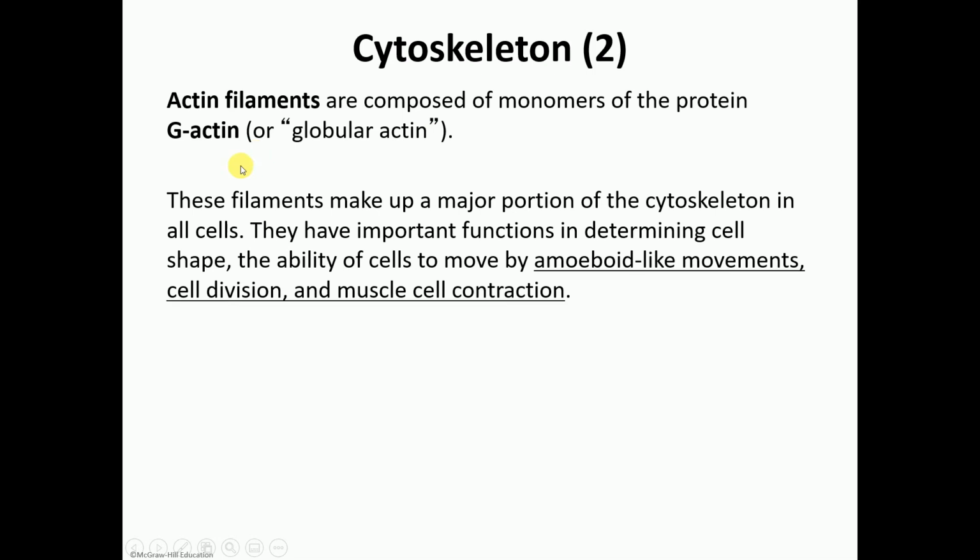We also use those during cell division and during muscle contraction. So when we talk about the little proteins that are found in a muscle cell, we are going to go back and mention actin and myosin and other proteins. So now we know that actin is one of the cytoskeletons, and that is important for muscle cell contraction.